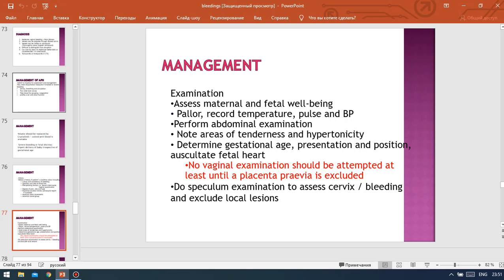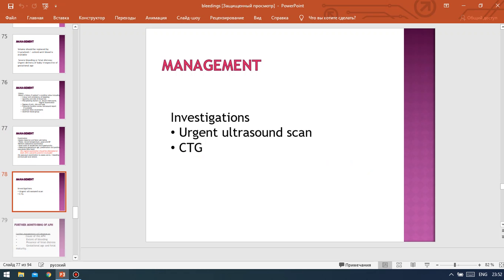No vaginal examination should be attempted at least until placenta previa is excluded. We need to make an ultrasound investigation. Firstly, do a speculum examination to assess the source of bleeding and exclude local lesions.